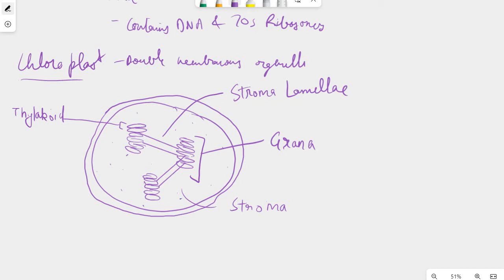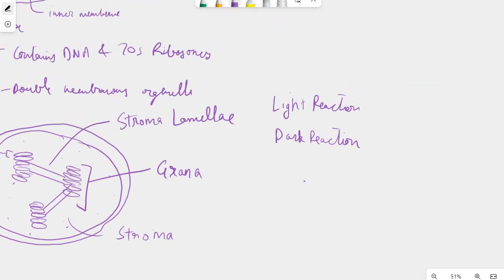So basically there are two types of reactions, light reaction and dark reaction. So basically light reaction happens in the thylakoid lumen, and the dark reaction happens in the stroma.